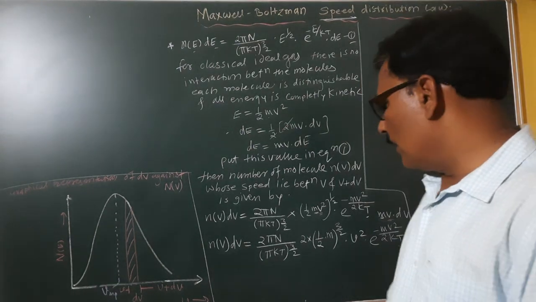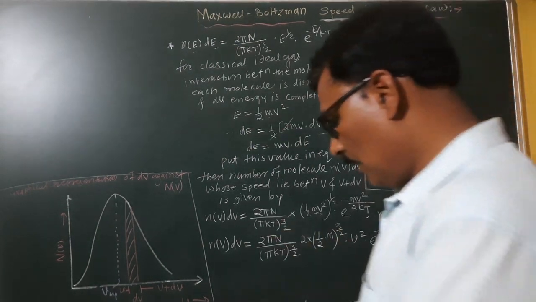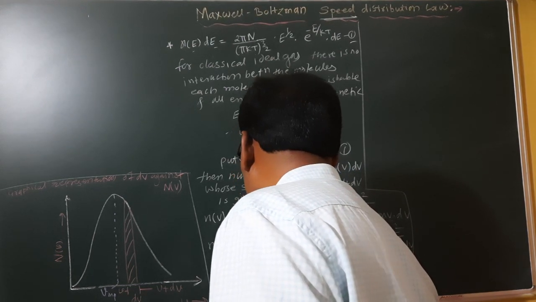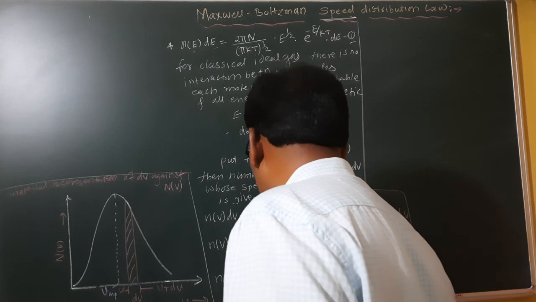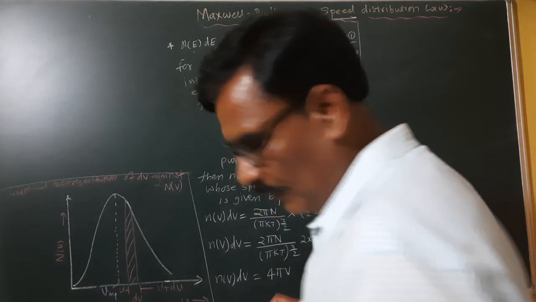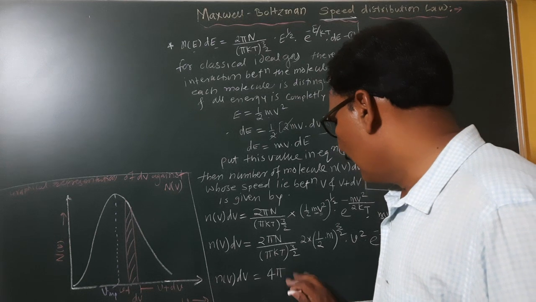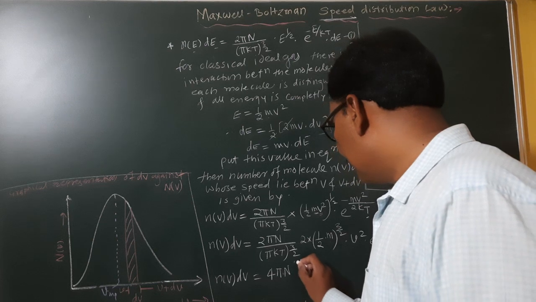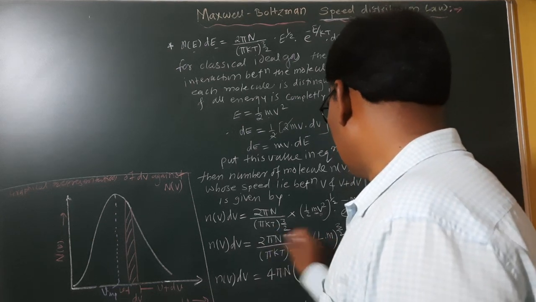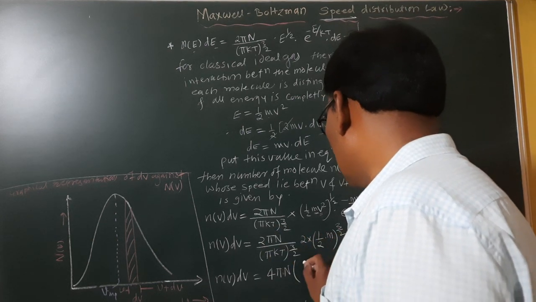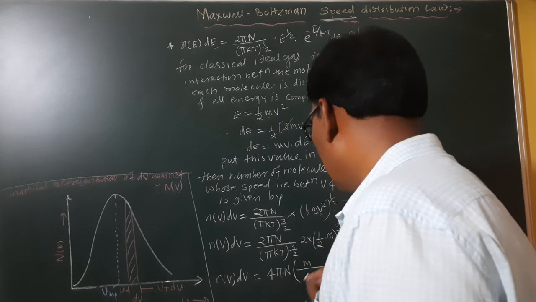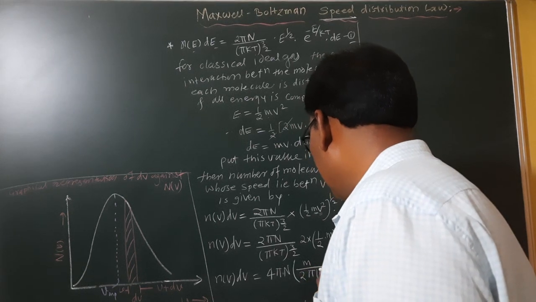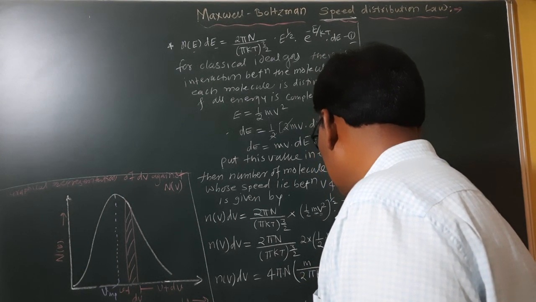We have 2 into 2, which is nothing but 4. Finally, n of v into dV is equal to 2 into 2, which is 4 pi into n. In the bracket, this becomes m in the numerator, and in the denominator 2 pi k t raised to 3 by 2.